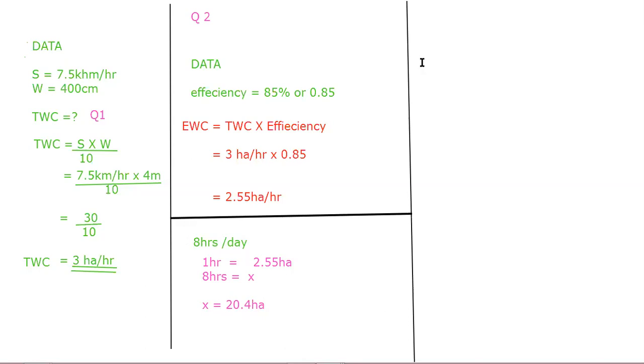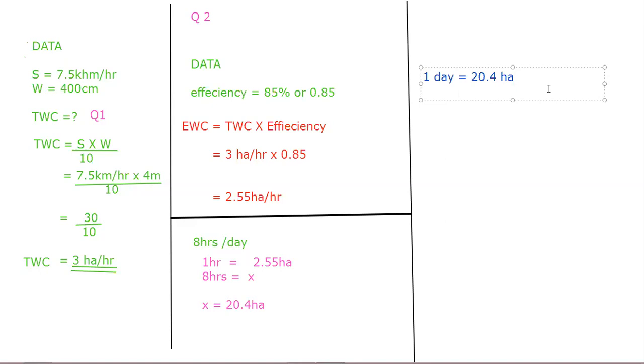Now if this is 1 day, we can proceed and find the number of days. 1 day is equal to 20.4 hectares. Now, how many days for 210 hectares?